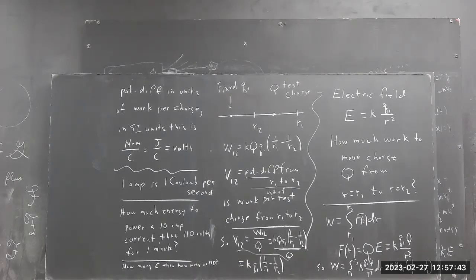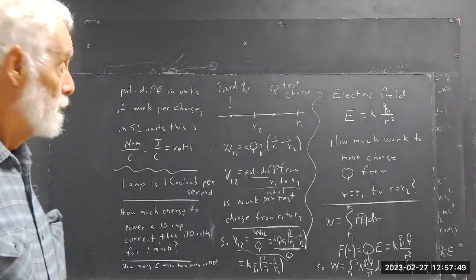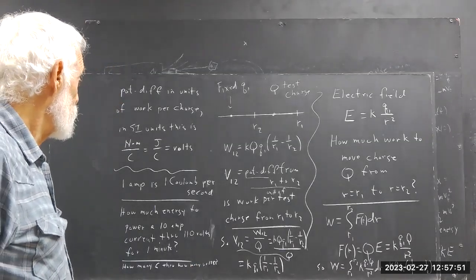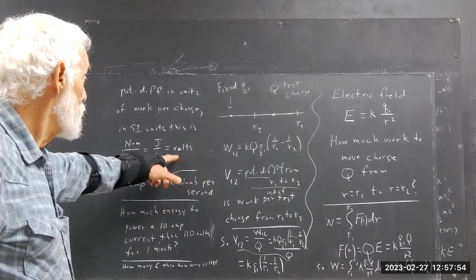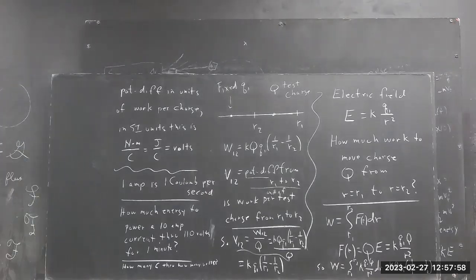I just added a hint here. How many coulombs go through how many volts? And a volt is a joule per coulomb. If you know how many coulombs go through how many volts, you can figure out how many joules.